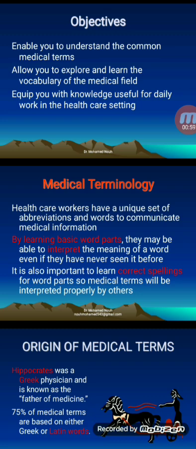A word has three parts: the root of the word, the prefix, and the suffix. It is also important to learn correct spellings and to pronounce word parts correctly, so medical terms will be interpreted properly by others.